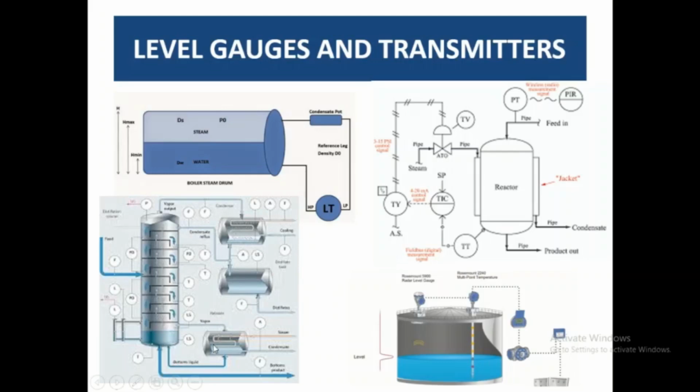But sometimes in a reboiler, there are numerous types of reboiler, in fact, like thermosiphon or kettle reboiler, which I hope you will study in heat and mass transfer. Specifically in a kettle type reboiler, you need to maintain a level.